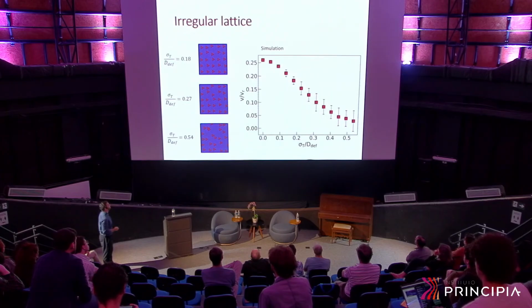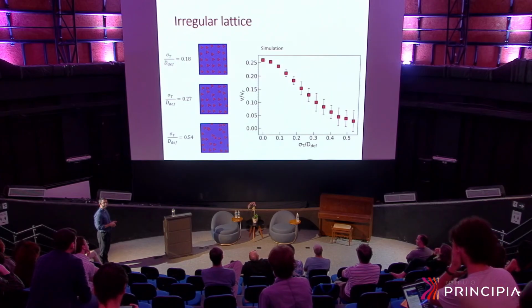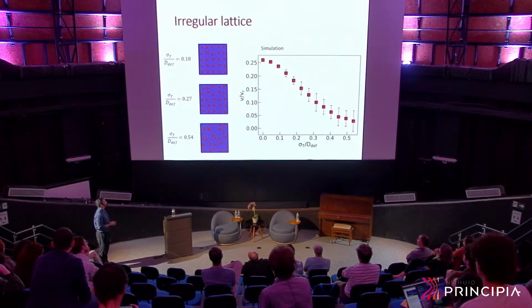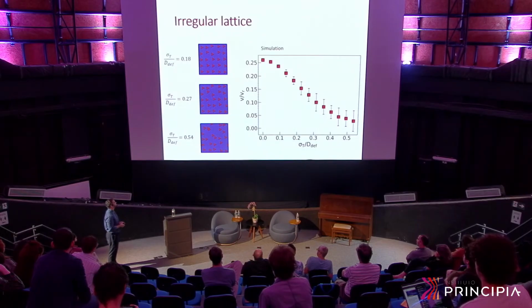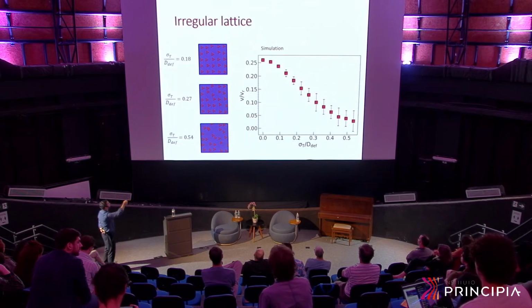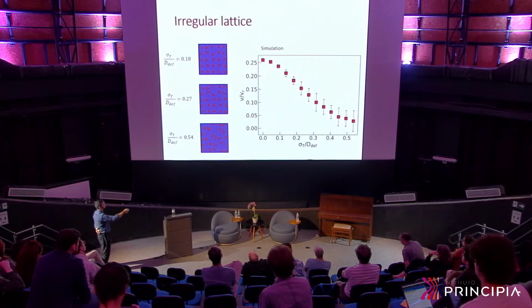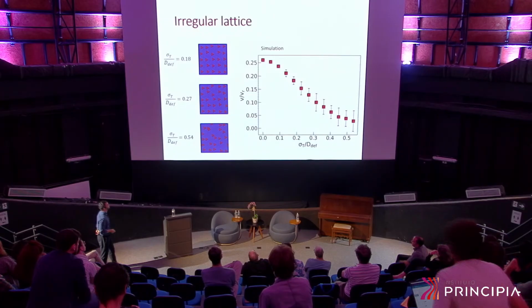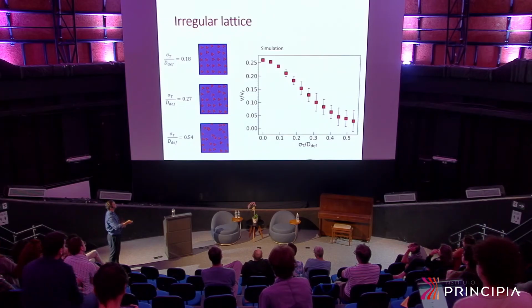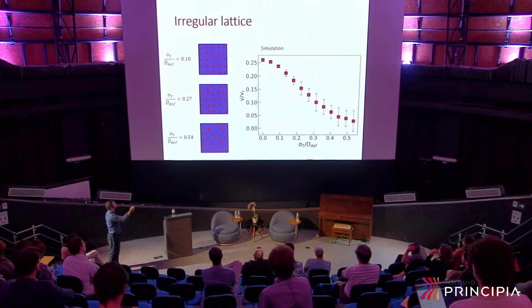So what happens when you have disorder in your lattices? Because in an experiment, it's not so easy to make extremely irregular lattices of triangles, square lattices. So using simulations, we saw that when we start with square lattices of triangles, and we start to displace those triangles with a certain Gaussian distribution that's given here by the standard deviation, when you increase this disorder, the average flow decreases.